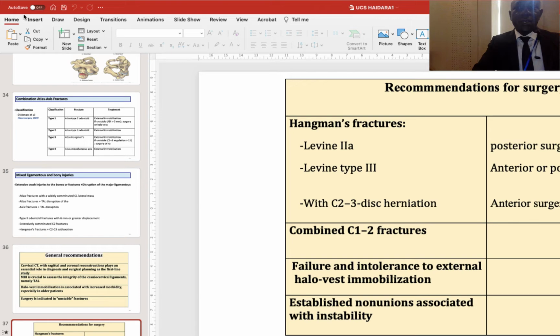Also, failure and intolerance to external halo-vest immobilization and established non-union associated with instability are recommended for surgery.